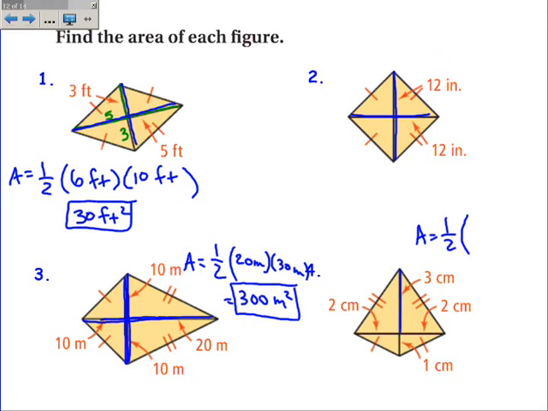The first diagonal, this length is 4 centimeters. And this length right here is 2 centimeters plus 2 centimeters, which is 4 centimeters. Okay, so the product of the diagonals, you get 16 square centimeters, but half of that is 8 centimeters squared.